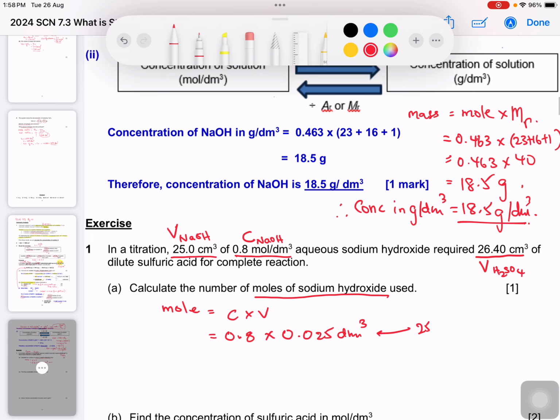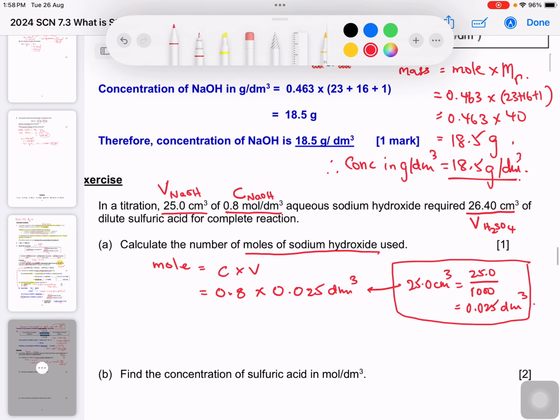Because 25.0 cm cube is equals to 25.0 divided by 1000, which will be equals to 0.025 dm cube. So in case you have forgotten how to convert, it will be like that. And how much is this? This will straight away be... Oh, wait a minute. Am I looking at the wrong thing? Hang on. 0.8 times 0.025. So we will get 0.02 mole.